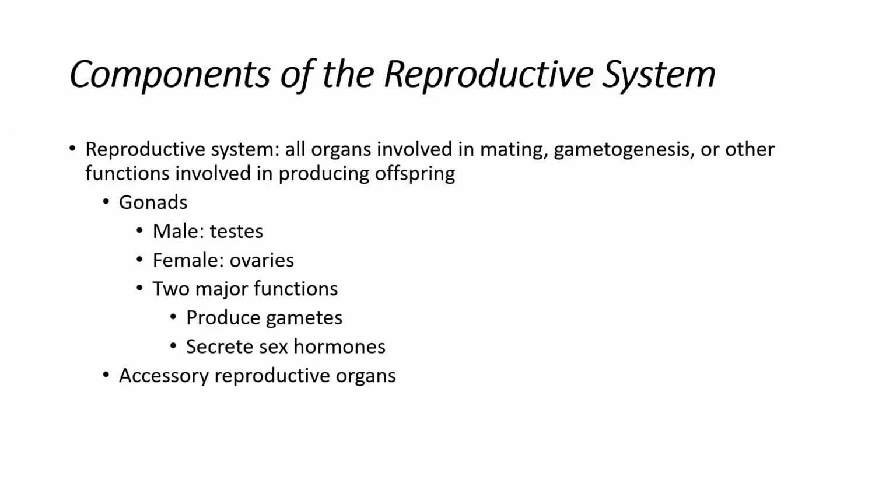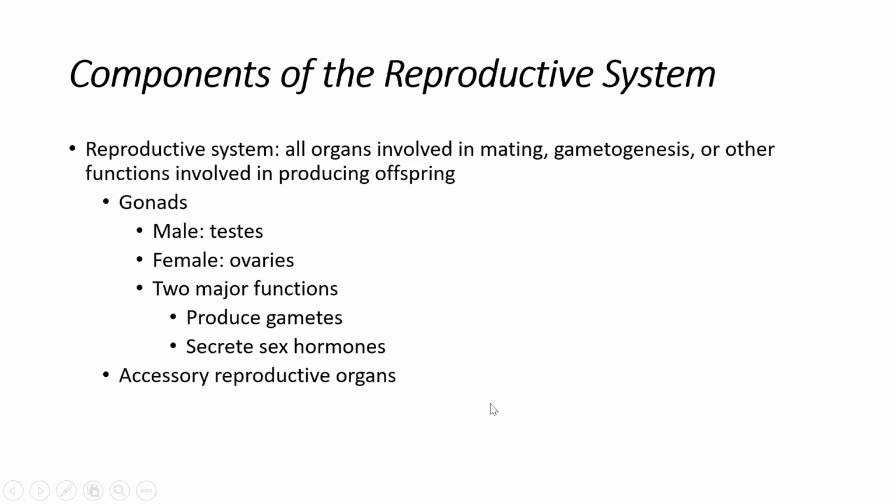So the secretion of hormones, which are going to be different for males and females. We've got testosterone and other androgens in males. We've got estrogen and progesterone in females, but the role of those hormones is to regulate the cycles as well as to develop the sex cells or the gametes.